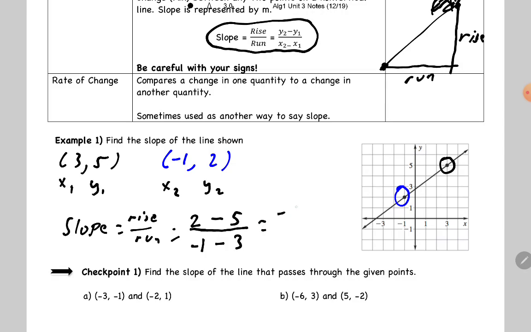So I will have negative 3 up top here over negative 4. And negative divided by negative is positive, so it becomes positive 3/4. So that is my slope.